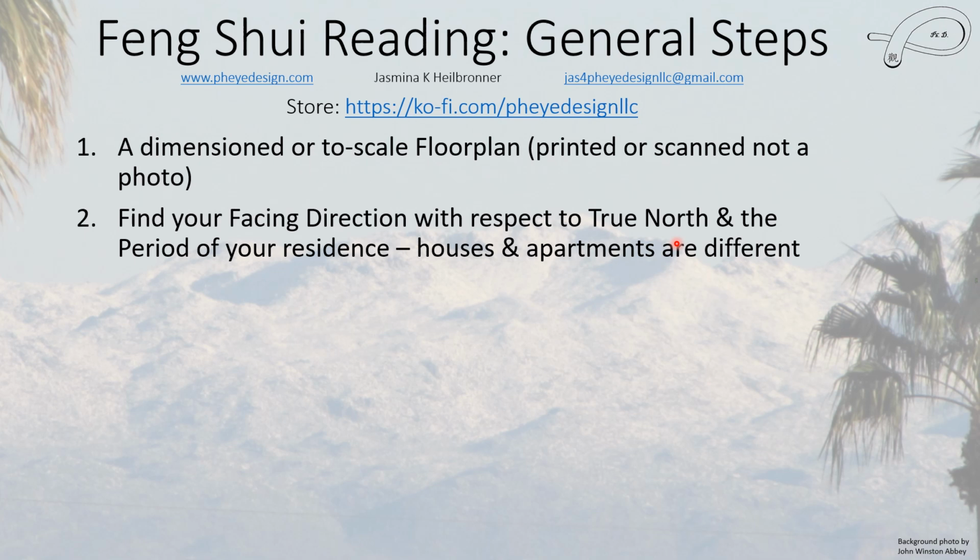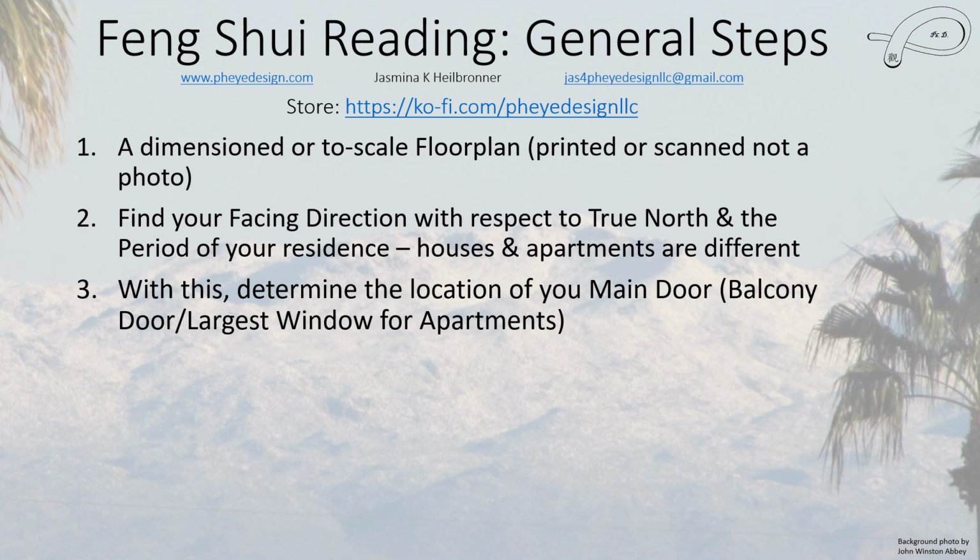Now, you also need to know the period of your residence. Houses and apartments are treated differently, and I have a separate video all just about apartments and how to find all this. Houses are more of the standard stuff that you see.